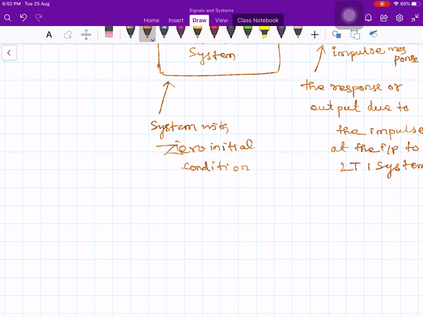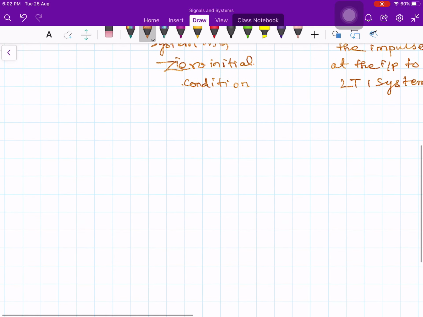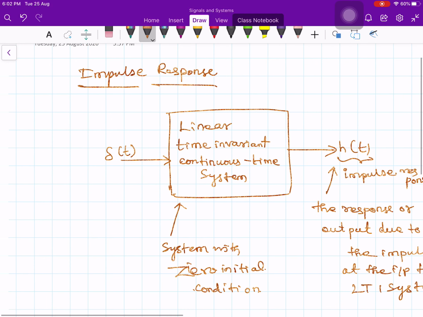Therefore the system has zero initial stored energy. The reason is we are going to apply the principle of superposition, otherwise you cannot apply superposition. So how do you represent del of t? Del of t is an impulse like this.